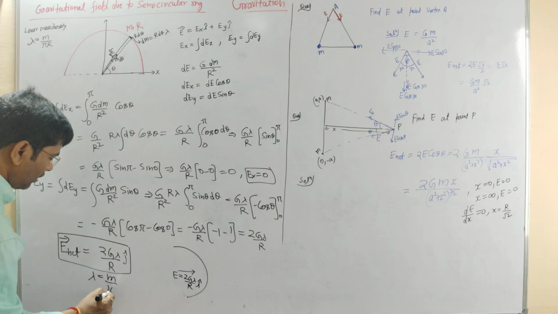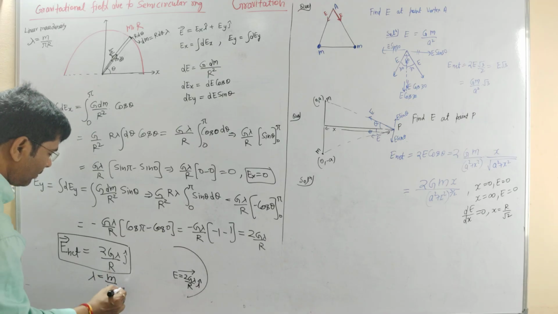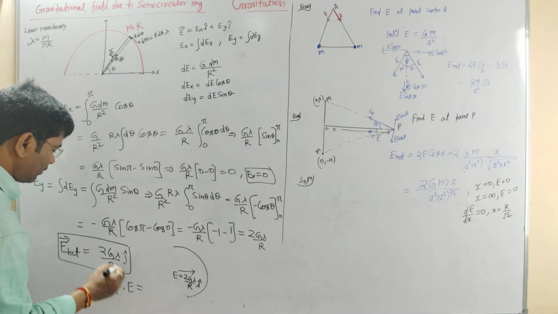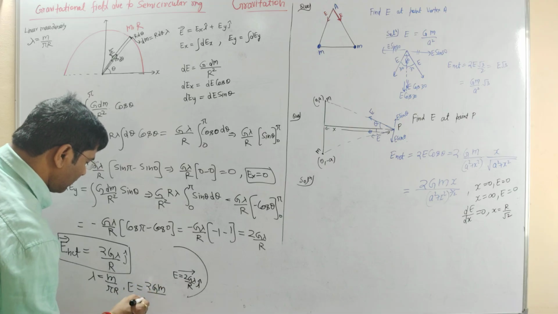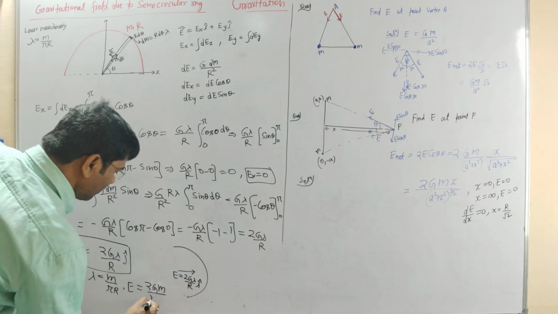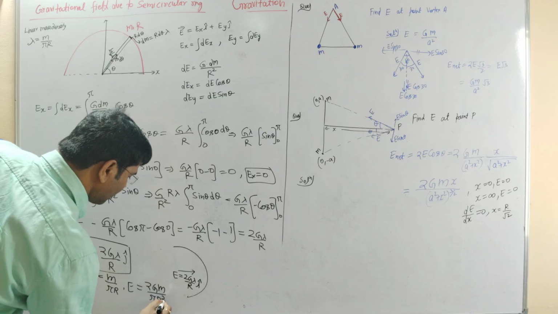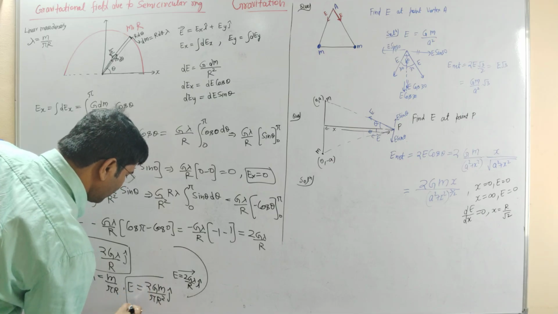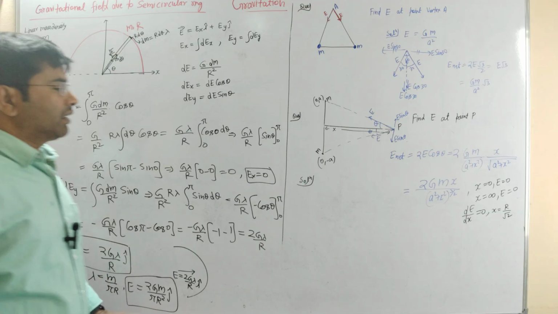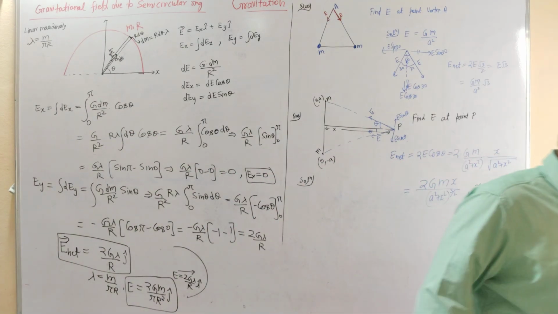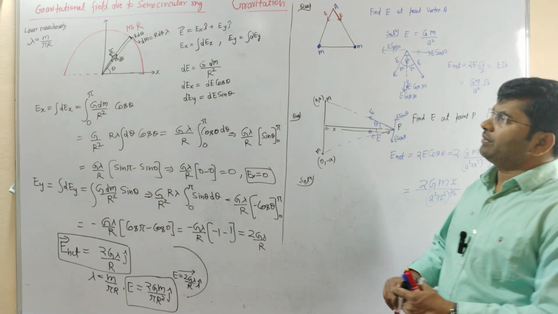Then this value converts into 2GM upon pi r square into j. So this is the answer. This one is most popular in the form of lambda. Otherwise, if lambda is not given, we can calculate like that also.